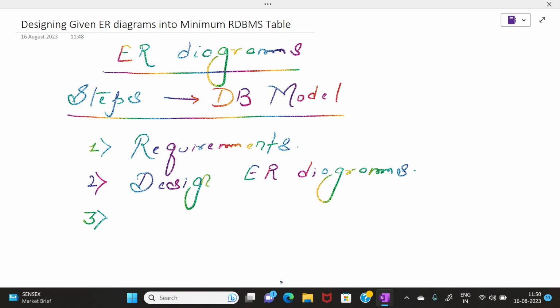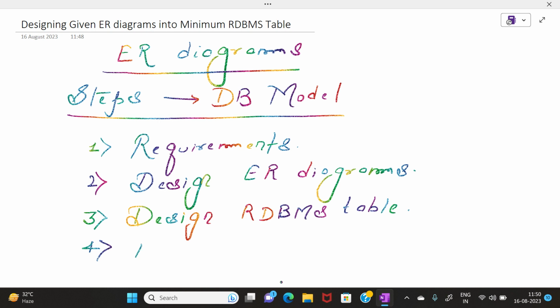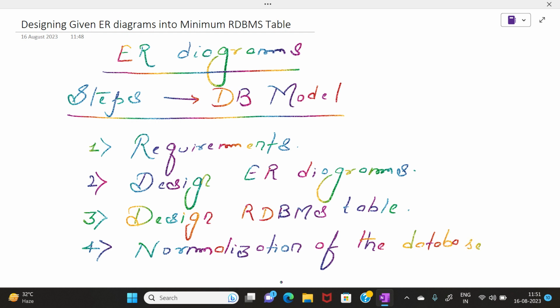Then in the third step, after we have designed the ER diagram, we need to design the RDBMS tables from the ER diagram. We are going to learn about this in this video. After designing the RDBMS tables, we do the normalization of the database, and after that we design the physical DB design.